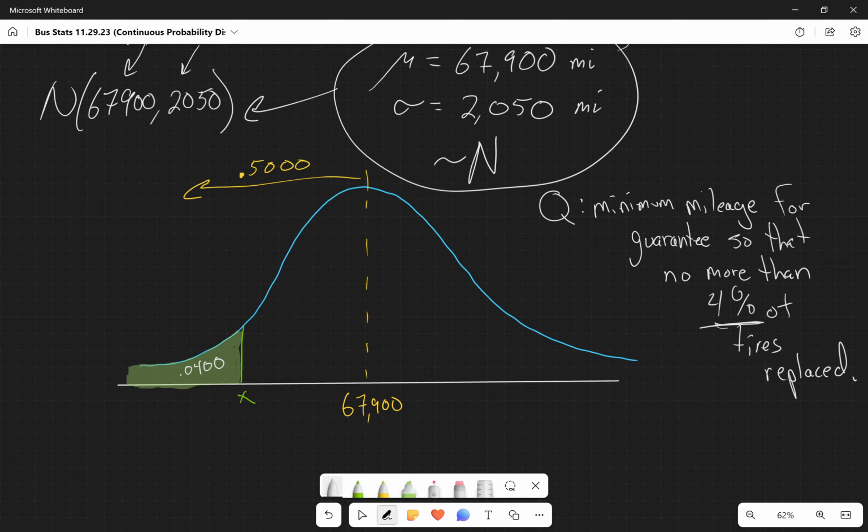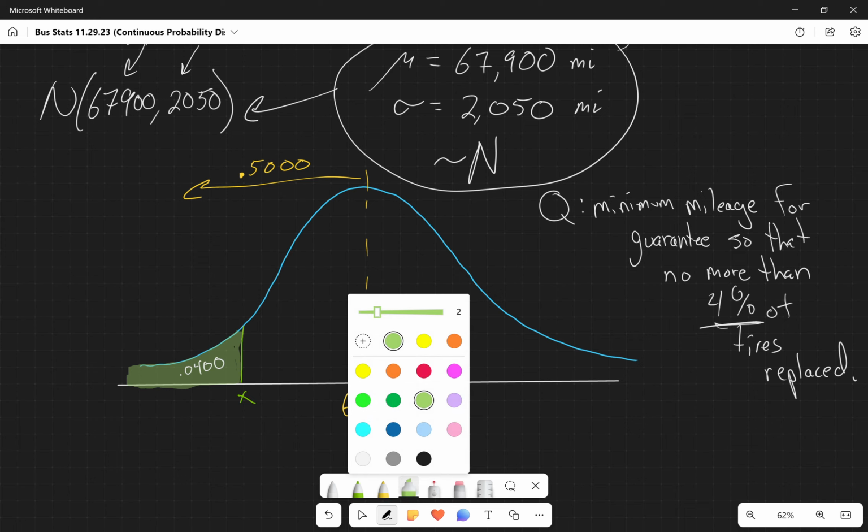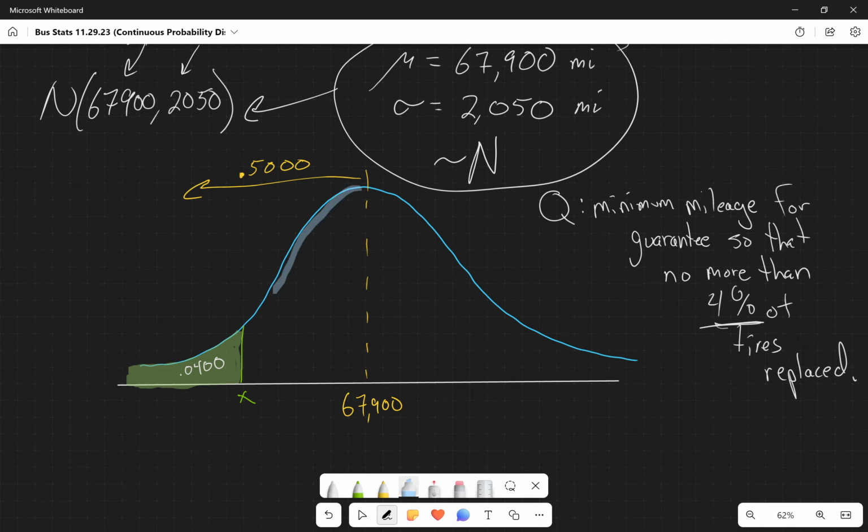So now the next part of this is, since this whole half of this is 0.5, and remember our z statistics go from the middle out, right? From the middle out. So if this is 0.04, then what does that mean about the part here?